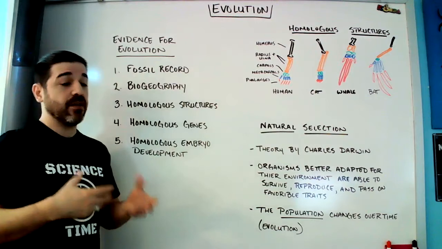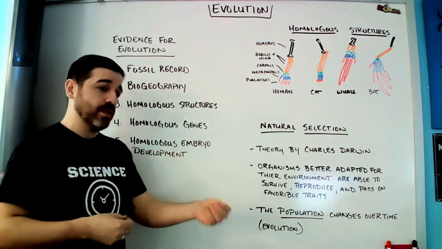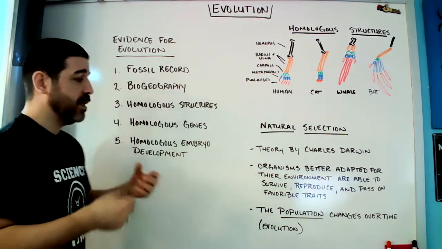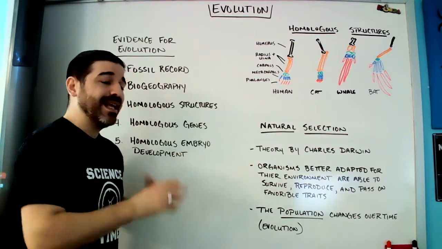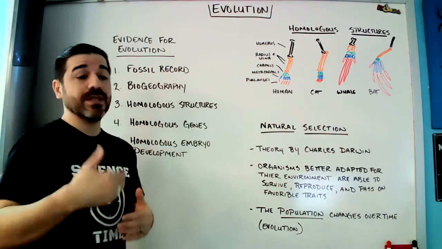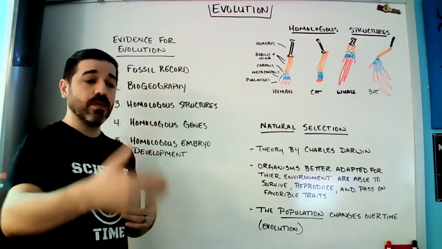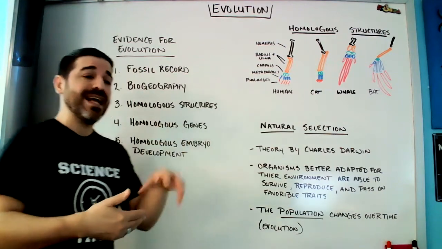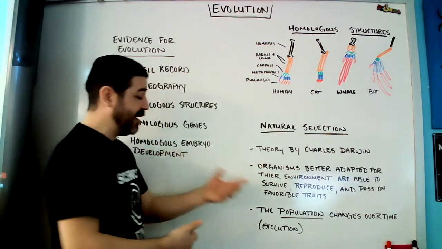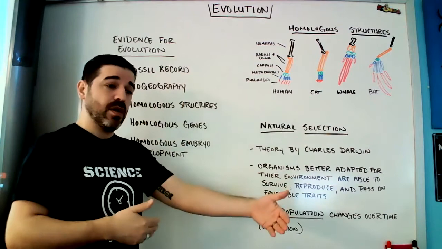The traits that are favorable are based on the environment in which you're located. So if it's a good thing for an organism to have dark coloration, it's going to be born with dark coloration or it's not. If it's born with dark coloration and the environment determined that that's a good thing, then that dark coloration is now an adaptation. It's a favorable trait that's going to get passed on.